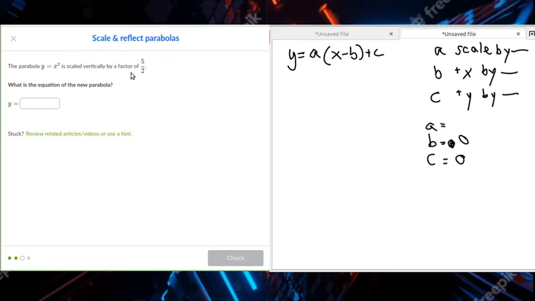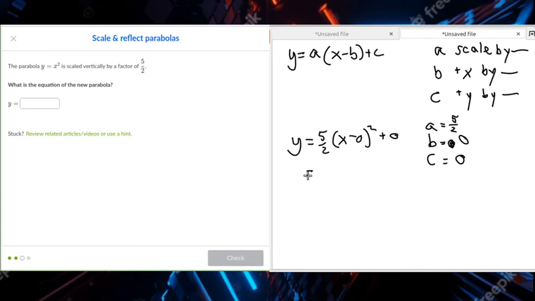A is scaled vertically by a factor of 5 halves. So our a is going to be 5 halves. So we can write the general form as 5 halves (x minus 0) squared plus 0.